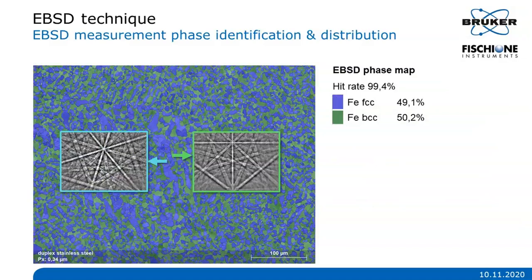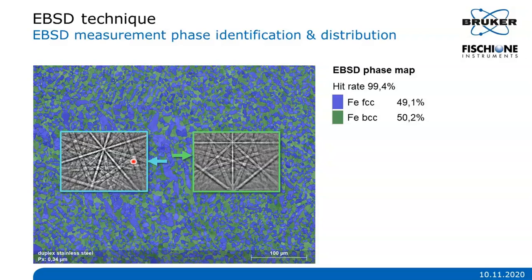Here is an example of an EBSD phase map obtained on a duplex stainless steel specimen with austenite in blue and ferrite in green and their corresponding diffraction patterns. EBSD measurement is performed by scanning the sample using beam or stage movement. For each point, we collect the EBSD and or EDS spectrum. The pattern is transformed into the Hough space to identify the diffraction band position and index a pattern by comparing it with a database of more than 300,000 phase files.